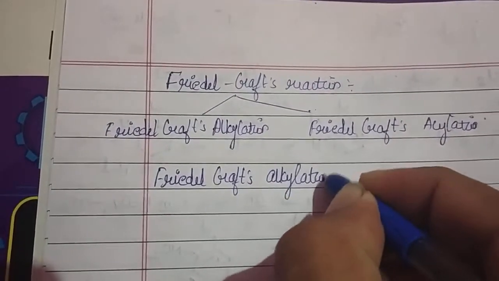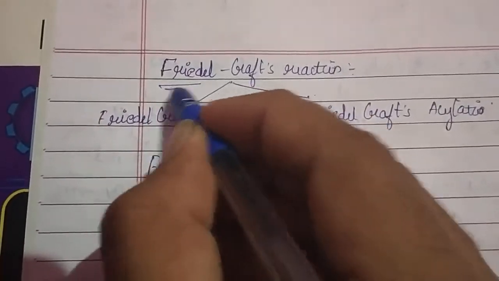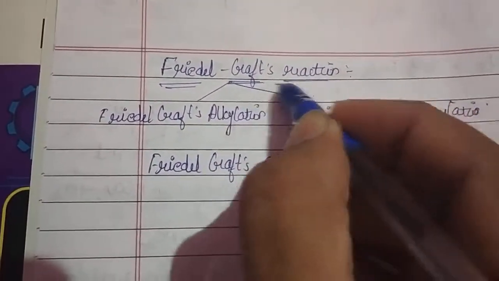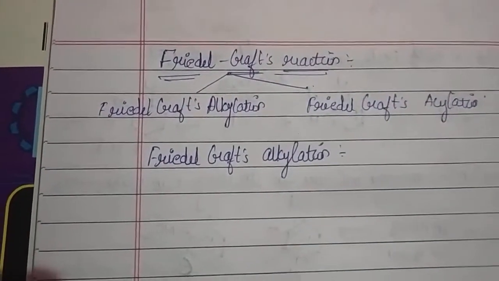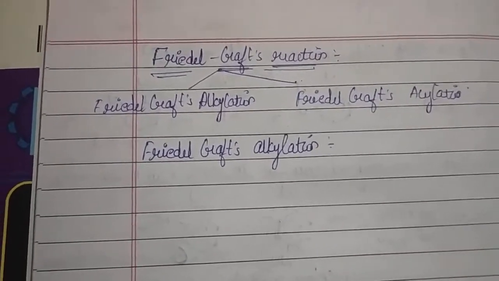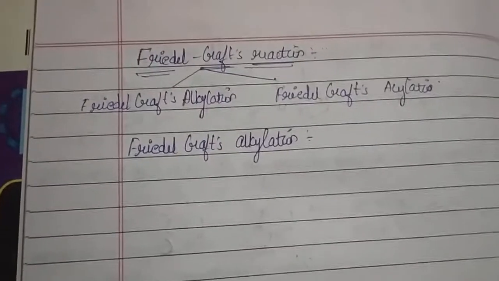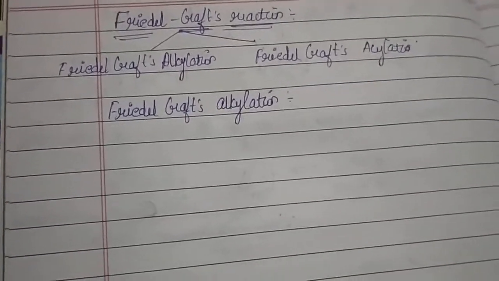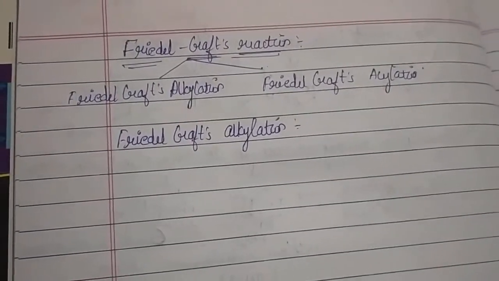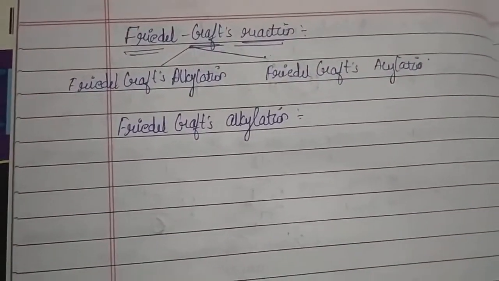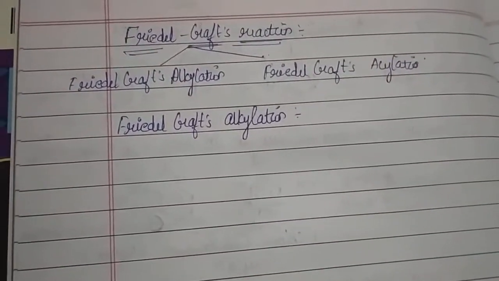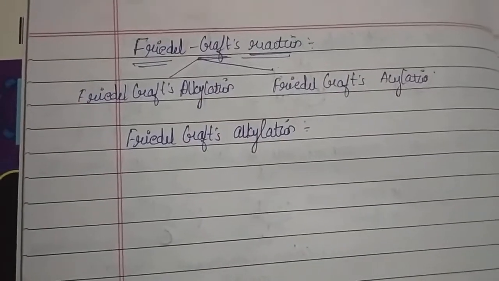Once again, this Friedel Craft reaction is an electrophilic substitution reaction. So just recall the concept of the electrophilic substitution reaction. We have to use chlorobenzene and we need an electrophile. Now what is the electrophile we are going to use in Friedel Craft's alkylation?